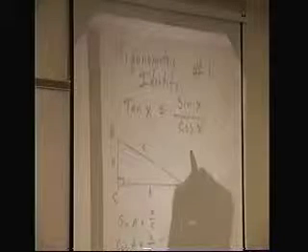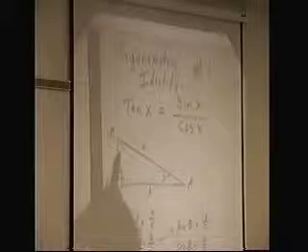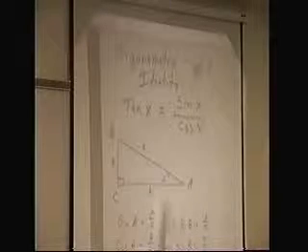Pi over 2. So A and B are complements, and one way to write them is to say that A is, say, x degrees, and this angle is 90 minus x degrees, isn't it? Because when they add them together, you get 90.